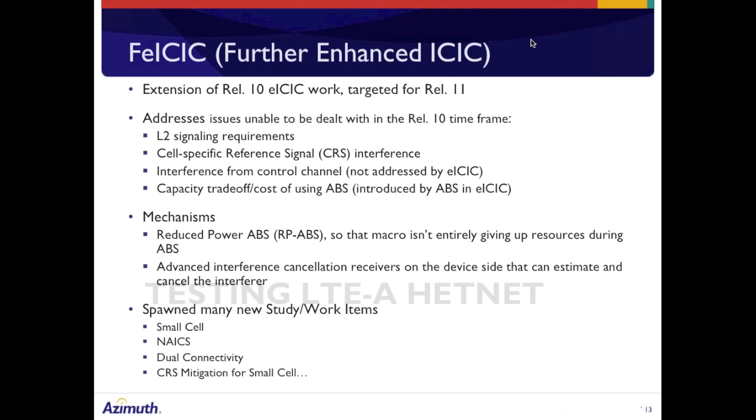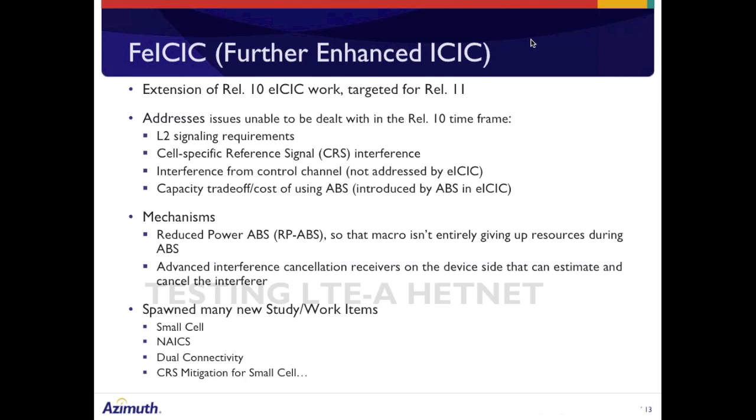There is the NAICS. I can just say a little bit about that. Basically, if you know what your neighbor's cell IDs are, then you can totally predict what the cell reference signal values will be, and you can cancel them out a lot easier.